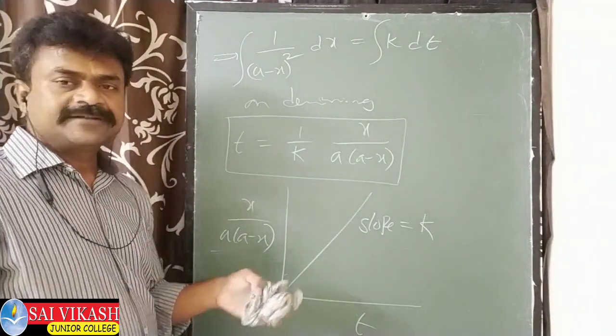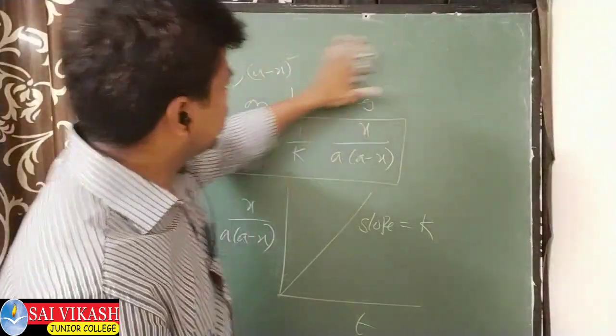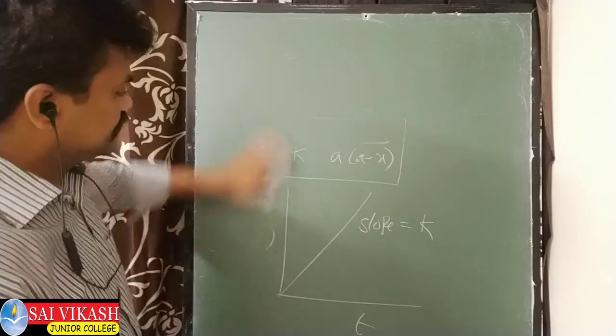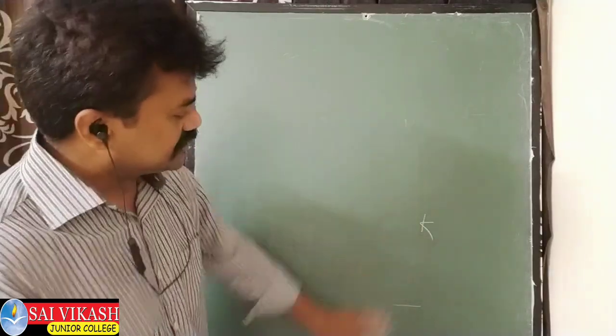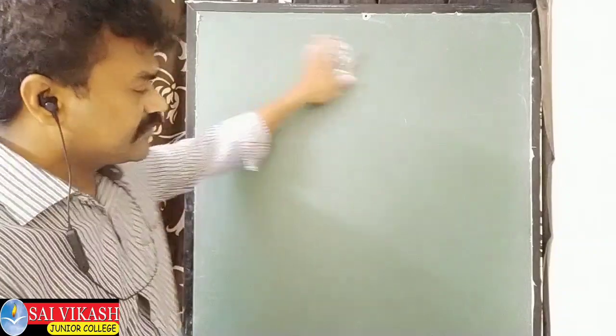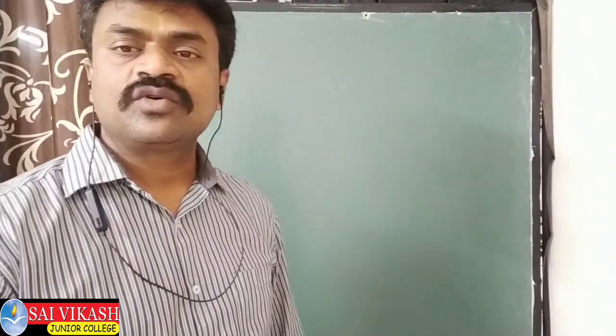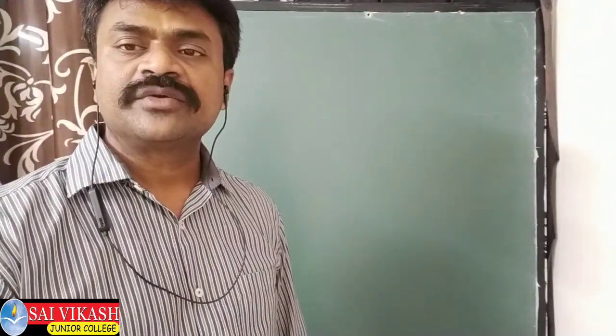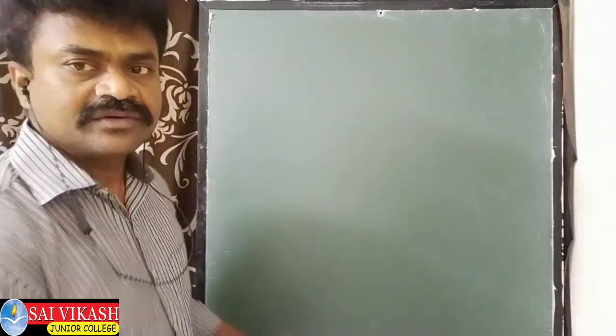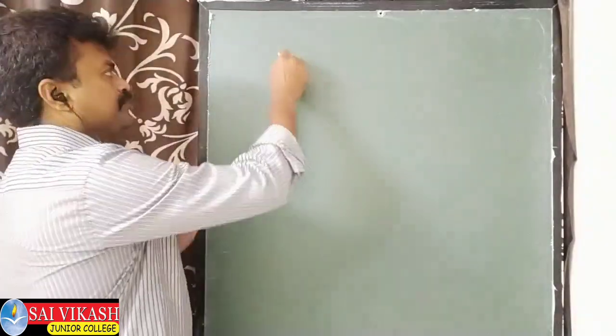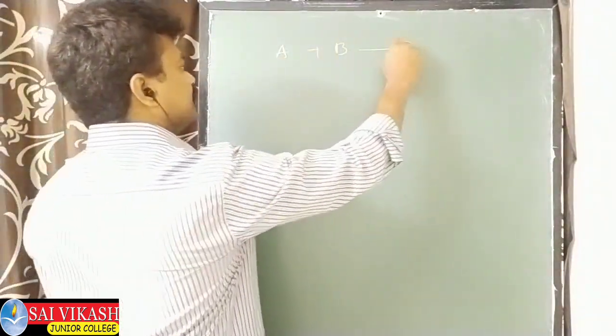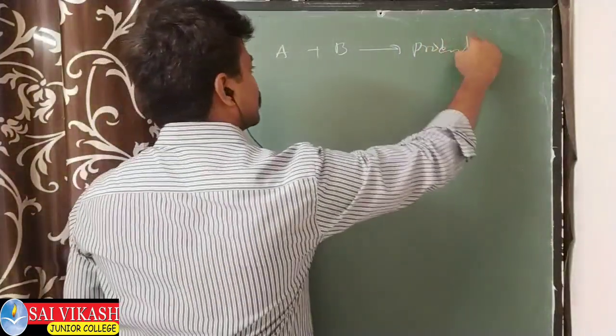Now coming to the case where both the reactants are different, what is the derivation? I will tell you. If both reactants are different, it means A plus B gives products.